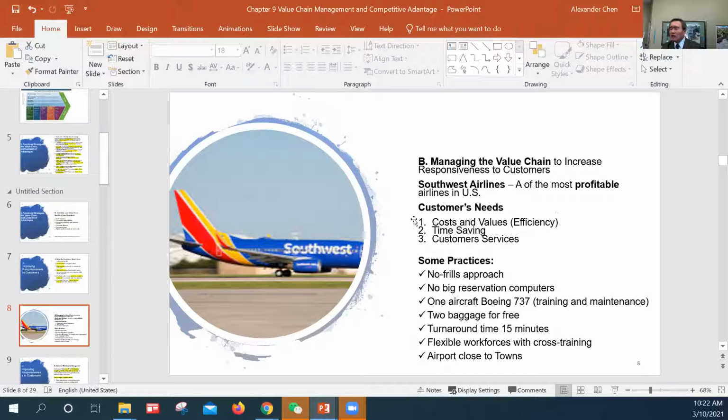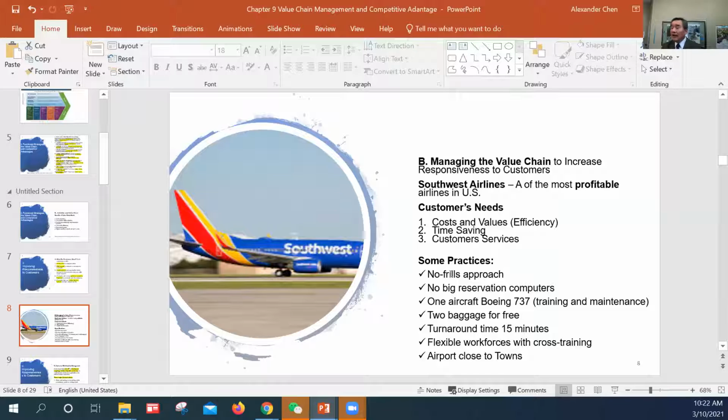They focus on cost and value by increasing all the different efficiencies. Time saving: they want to make sure of fast service. In customer service, they want to make sure of personal and top quality service.